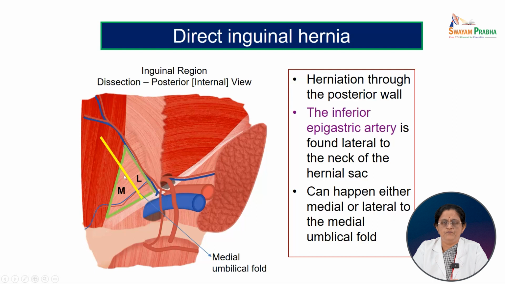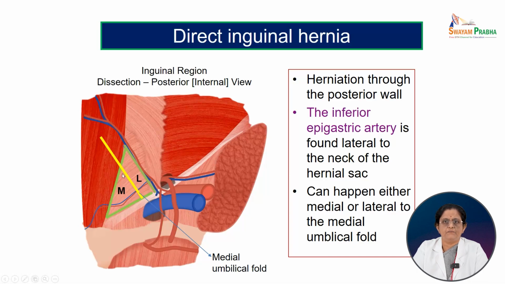There is a medial umbilical fold which is going to divide this Hesselbach's triangle into a medial part and a lateral part. As has been mentioned, this Hesselbach's triangle is a triangle through which direct inguinal hernia is going to occur. So, this herniation through the posterior wall is the reason for direct inguinal hernia, where there is going to be weakness of the conjoint tendon.